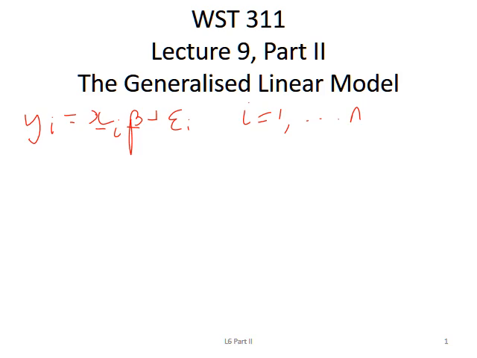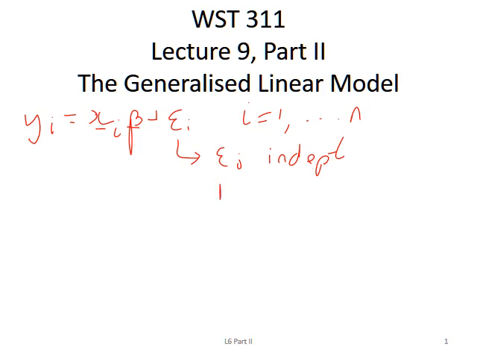The generalized linear model extends this model by relaxing the assumptions which we had on the error term. Let's just quickly remind ourselves what those assumptions were. For multiple linear regression, we assume that epsilon_i is independent for all pairwise observations.